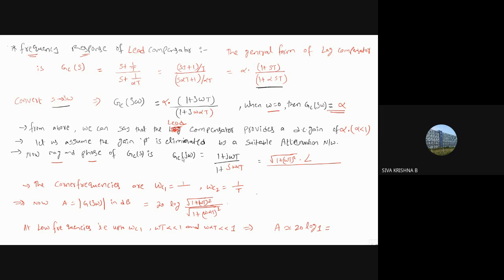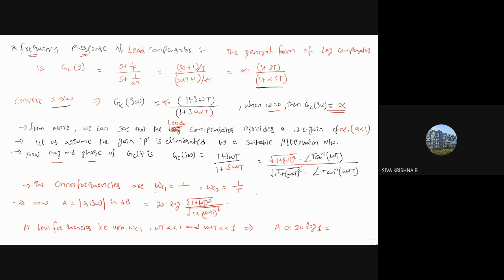What is magnitude and phase here? Here phase is tan inverse of imaginary by real, that is omega T. In the denominator, real square plus imaginary square, that means 1 square plus (omega alpha T) whole square. Now what about phase? Tan inverse of omega alpha T.